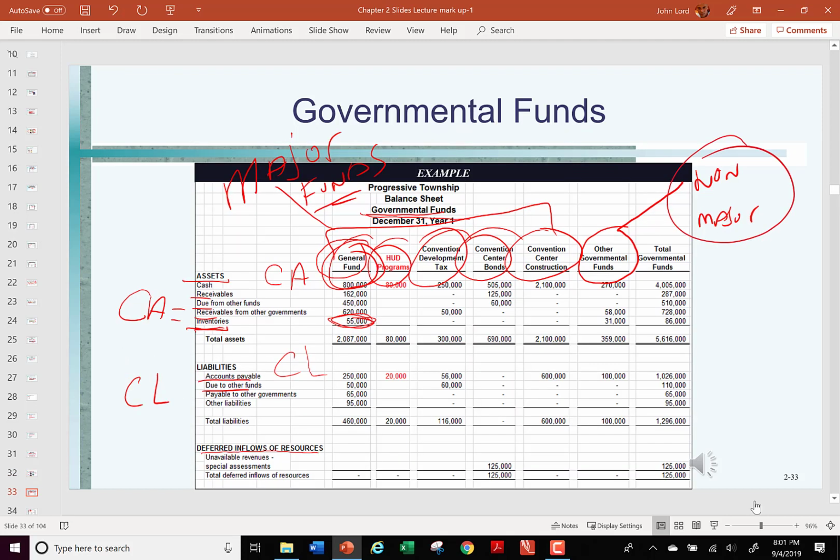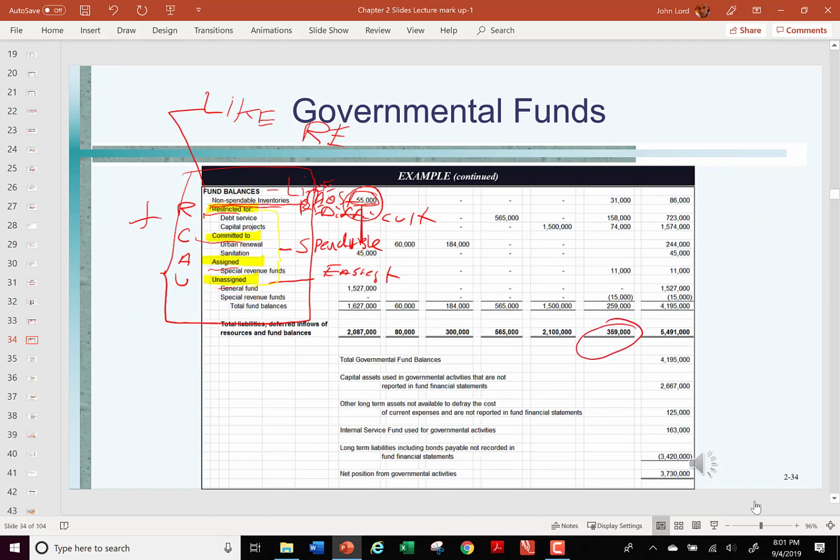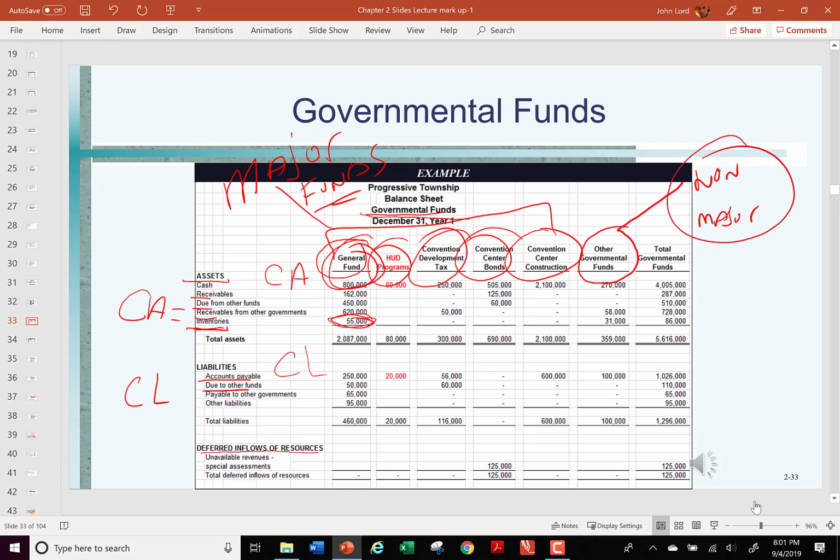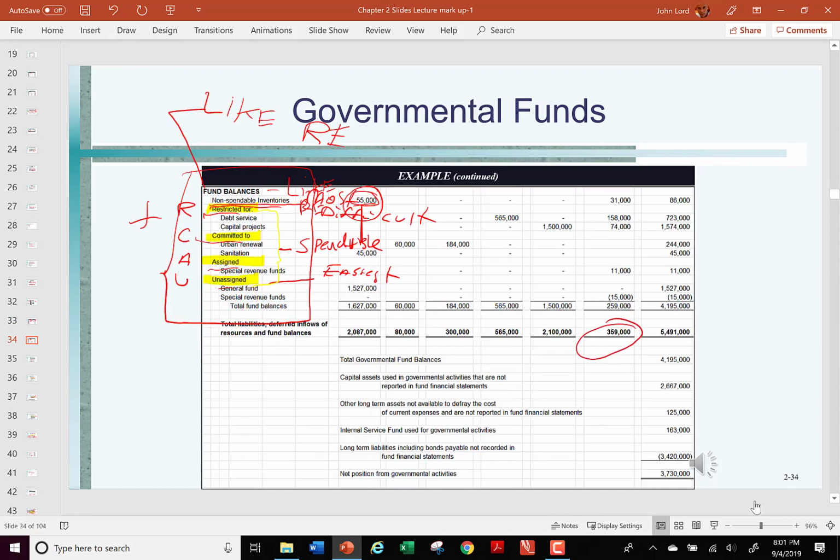Okay, and I already showed you this earlier. Current assets, current liabilities. There's my $2,087,000 for my total assets. And then I come down and I have my liabilities, $460,000. I add that to the total of my fund balances, $1,627,000 for my general fund anyway.